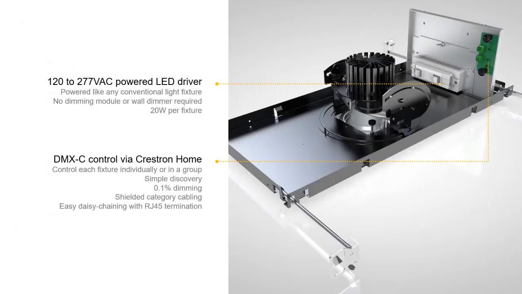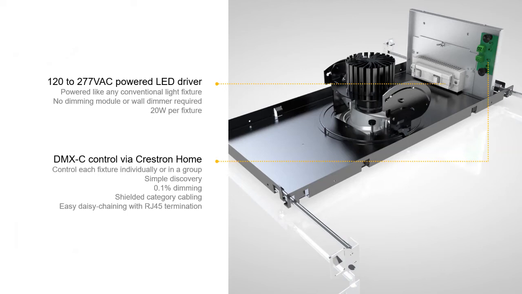Here's a cutaway of the tunable fixture. Each fixture requires a constant 120-volt AC power source. Category cable, ideally pre-terminated and tested Cat6 shielded, extends from the head-end gateway and daisy chains fixtures together, up to 32 fixtures per segment with maximum 1,000-foot run.